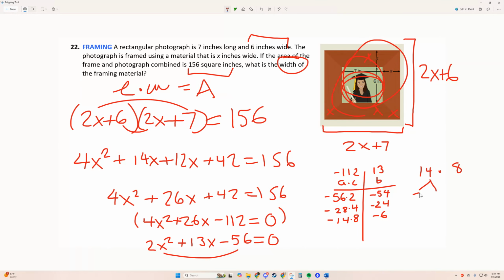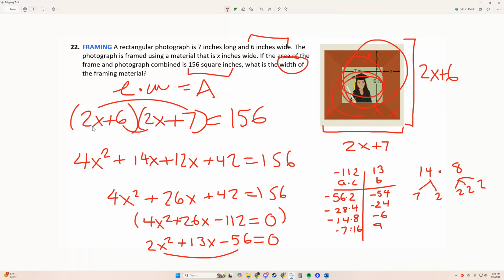Definitely know there's a 7 in there. 2, 2, 2, 2. So it would be 7 and 16. That's a difference of 9, getting closer. What about this? Did I do this already? 14 and 28.